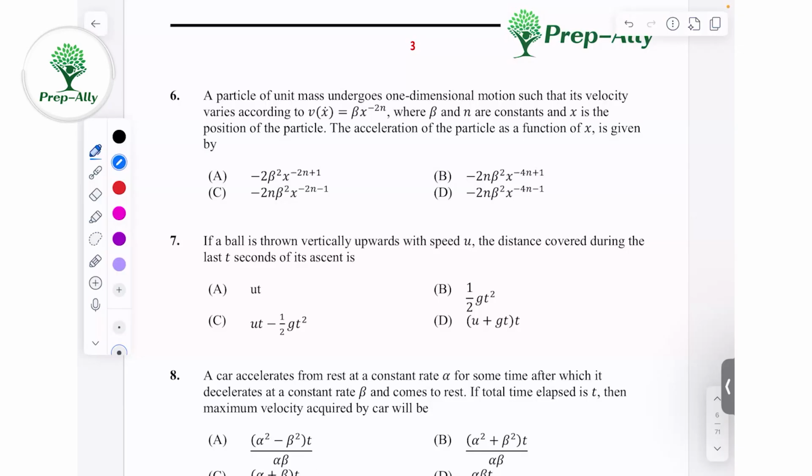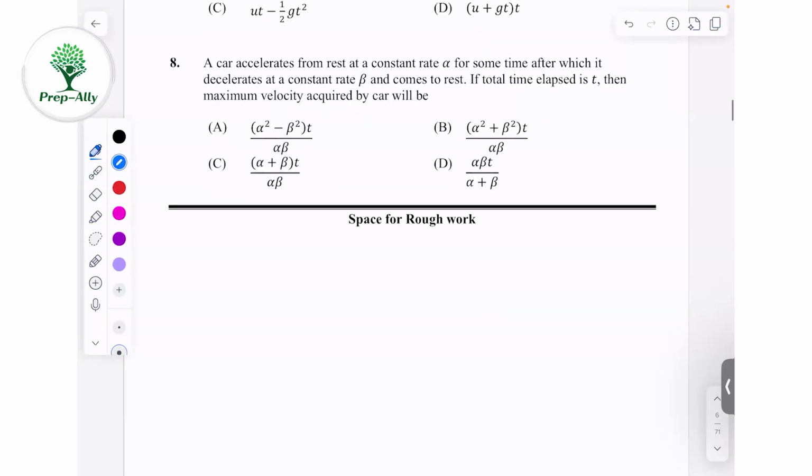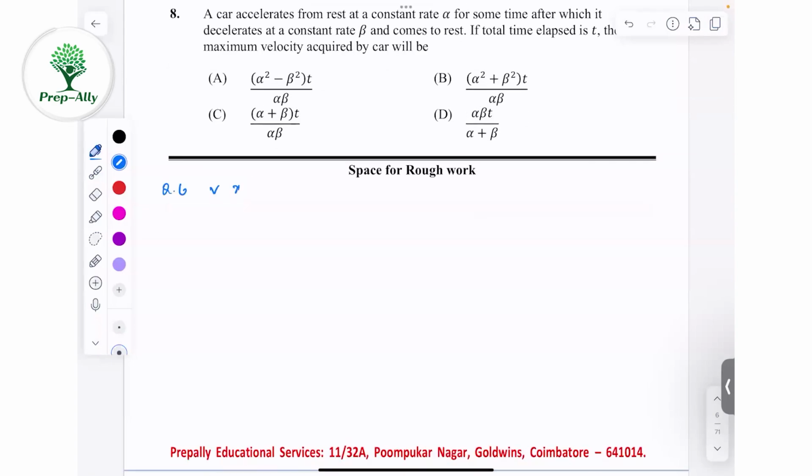The acceleration of the particle as a function of x is given by. So here we have been given the velocity function. Velocity as a function of position is beta x to the power minus 2n.